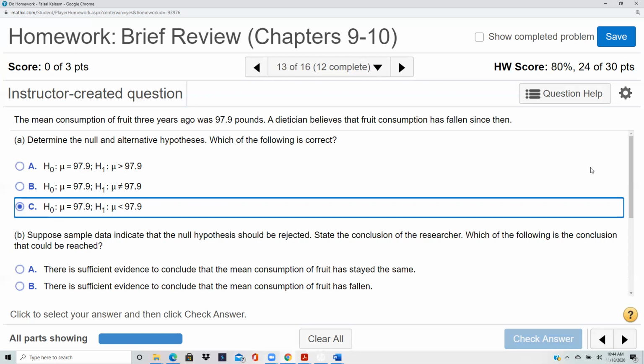If it's not rejected, then there is not evidence. So they go together. If you do reject, then you do have evidence. And if you do not reject, then you do not have evidence. So in this case, it is rejected, so there is evidence.